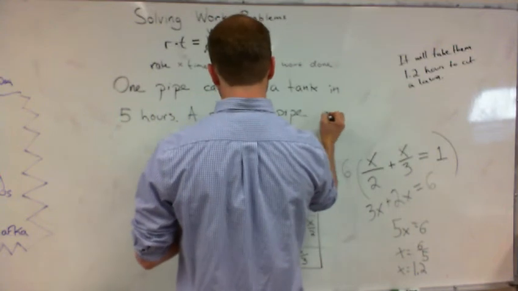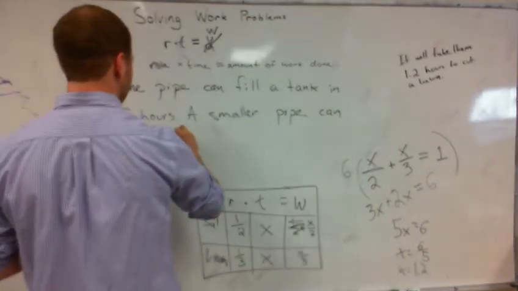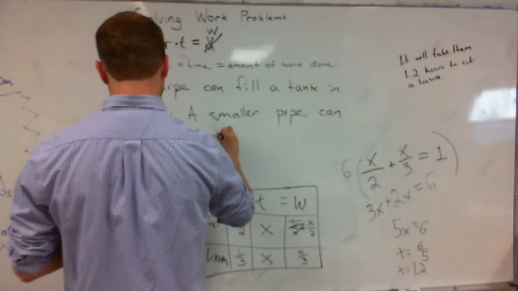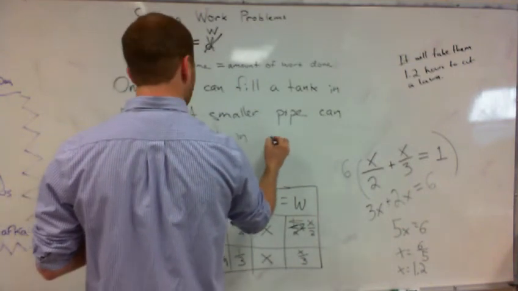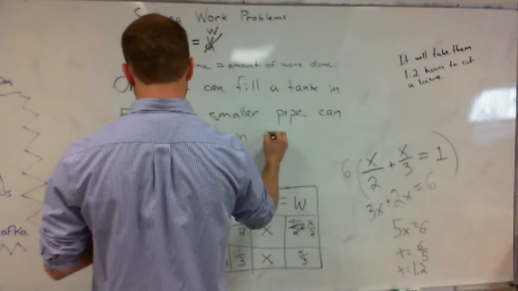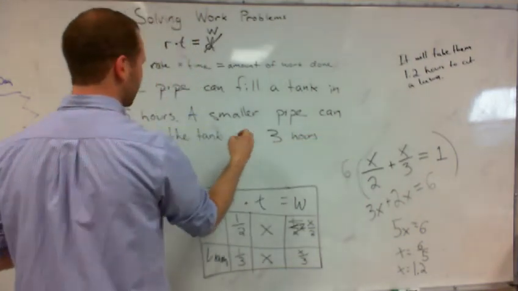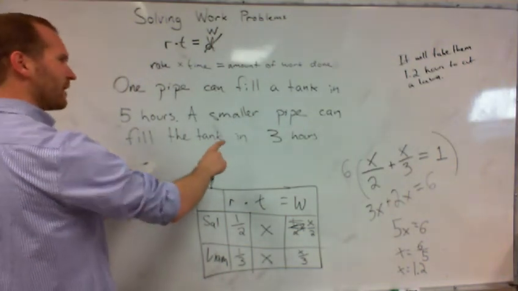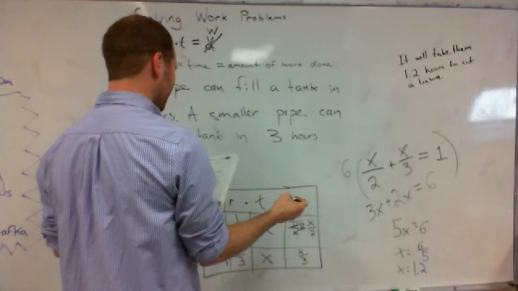A smaller pipe can fill the tank in 3 hours. This problem is kind of poorly written. I would think the smaller pipe would take longer to fill the tank, but that's what it says.